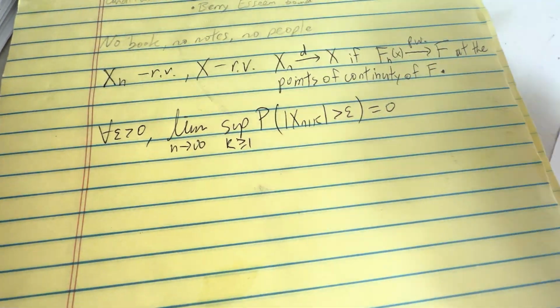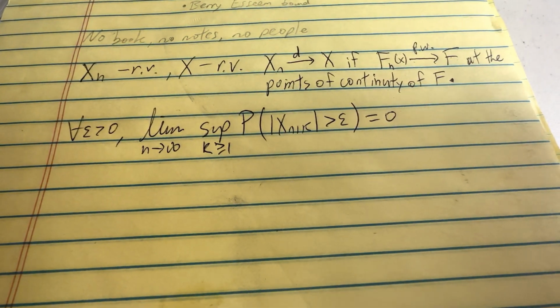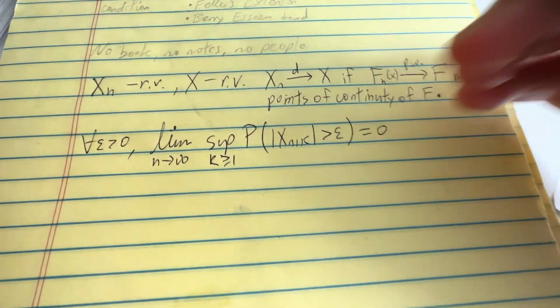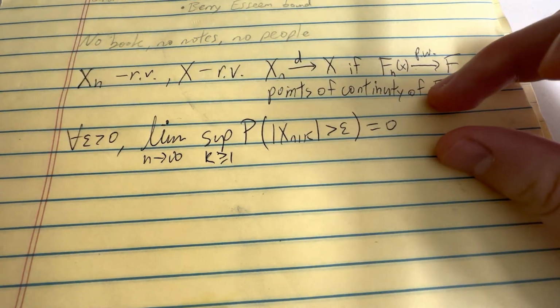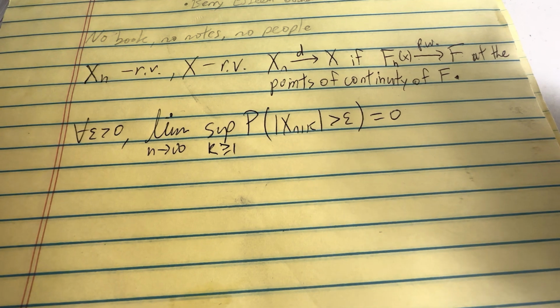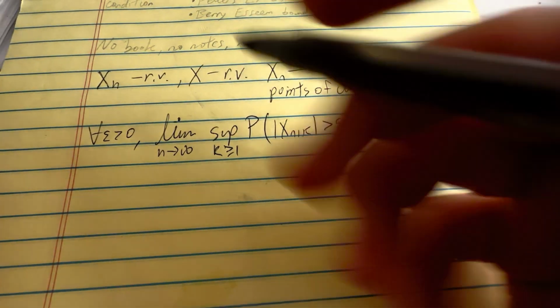Or I can write it this way. So I'll just write that statement here like 20 times until I don't have to think about it anymore. It might be useful to write it in a slightly different way.